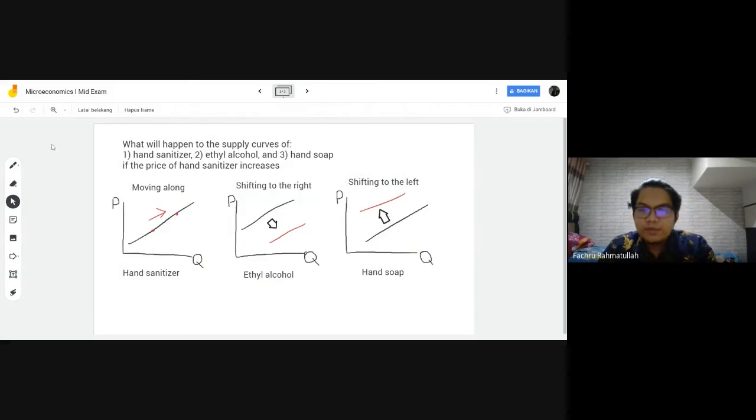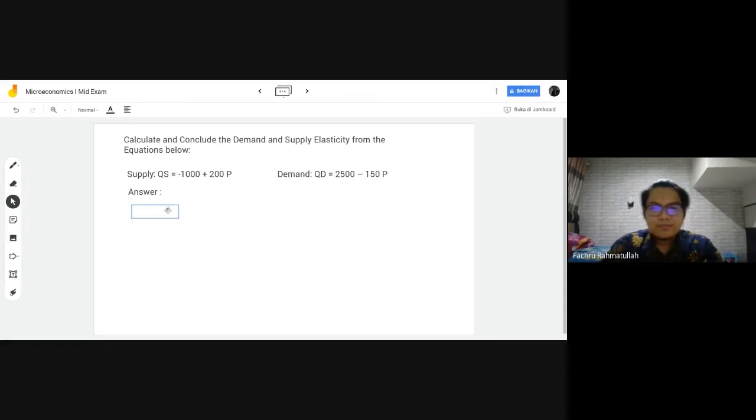Let's move to number 2. Okay, we move to the second question. Calculate and conclude the demand and supply elasticity from the equation below. So this is the A question. We are given supply by this equation and demand by this equation.